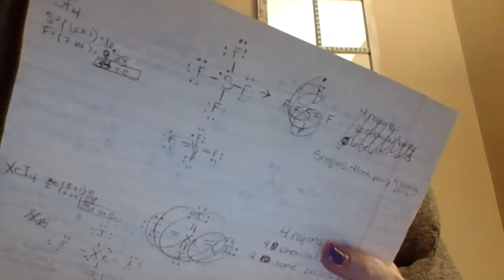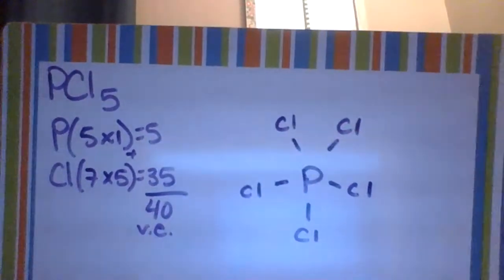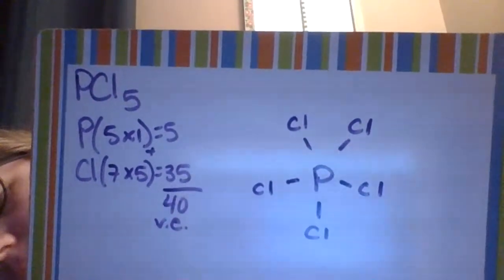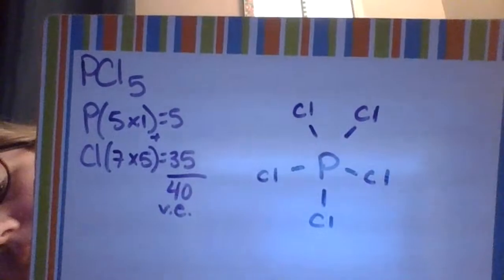So phosphorus is going to go in the middle, and we are going to have 5 single bonds coming off of it, connecting to chlorine. That gives us 10 valence electrons already used in our single bonds connecting all of the atoms. That leaves us with 30 valence electrons to divide between the 5.